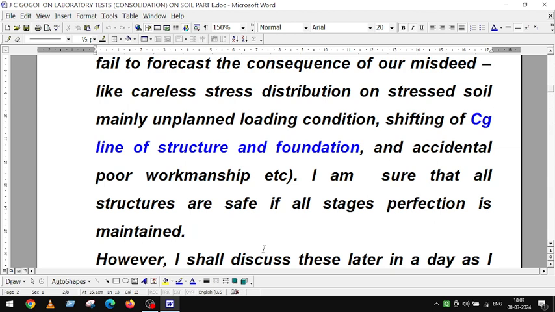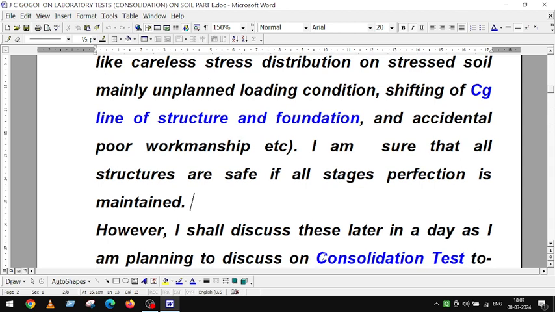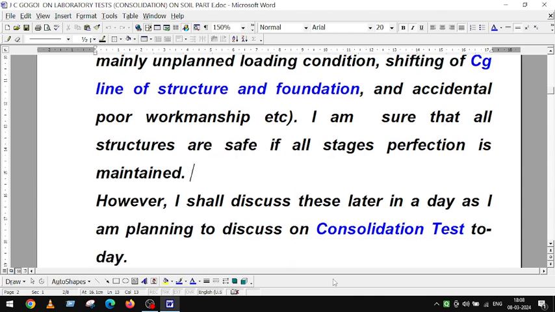One expert long back expressed his great dissatisfaction over poor construction rather than very good quality design. However, I shall discuss this later on, as I am planning to discuss the consolidation test today.